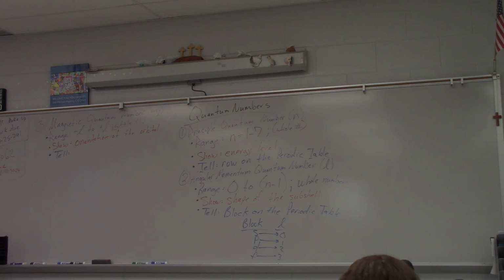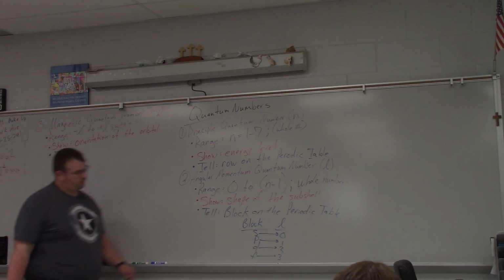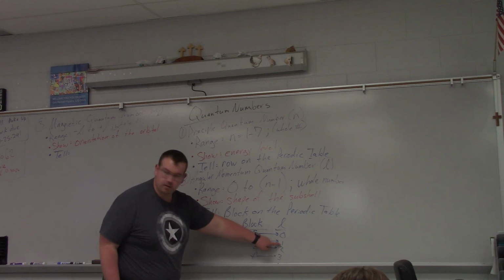How many orbitals are there in a P subshell? When you did orbital notations, how many dashes did you put? 3. So there's 3 orbitals. What is the orientation of those? If we're doing P block, L is 1.